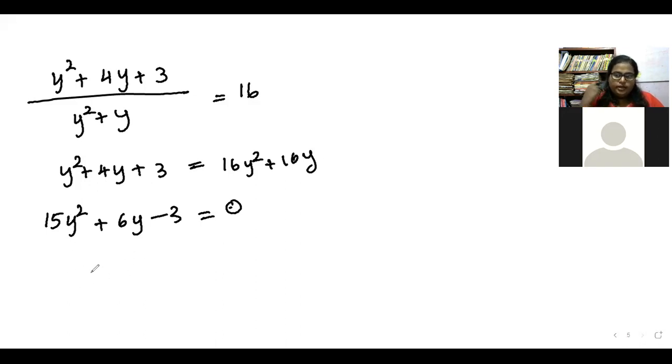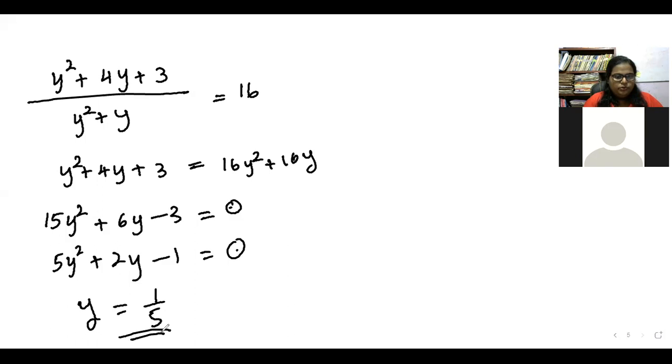If you want, you can simplify this one by dividing by 3: 5y square plus 2y minus 1 equals to 0. And we can solve this one with a calculator or formula or something like this. And here we can have two answers for y.